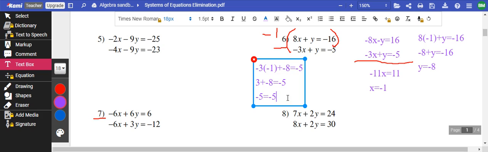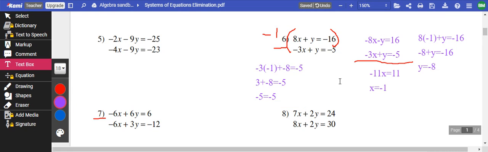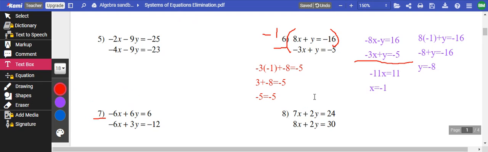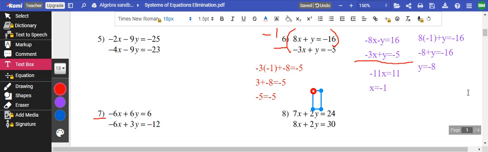I often change this. I can just do this with a different color so you guys can see that that's my check. Oh, maybe not. There we go. That's my check. So I'm going to make sure I write at the bottom that I am using -1, -8 as my answer.